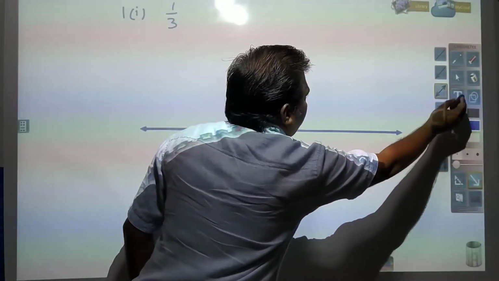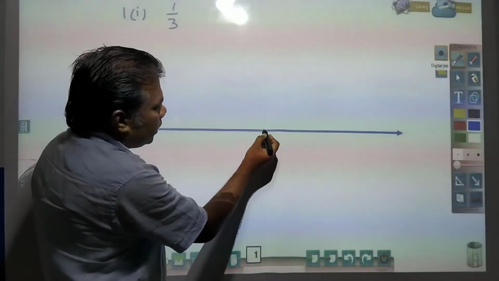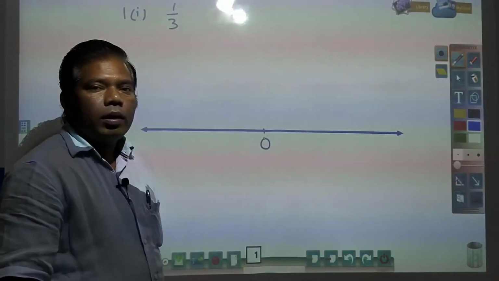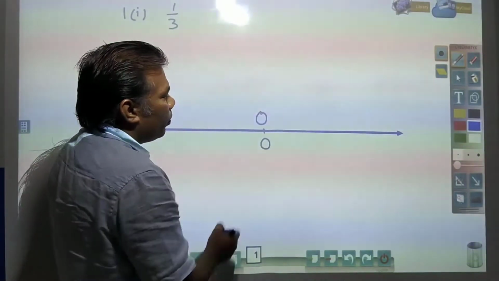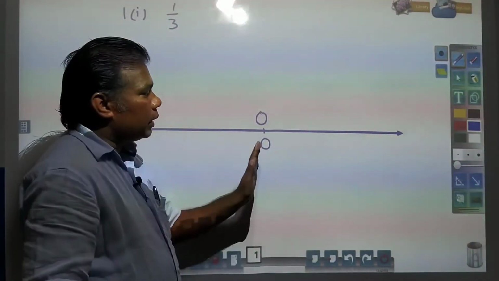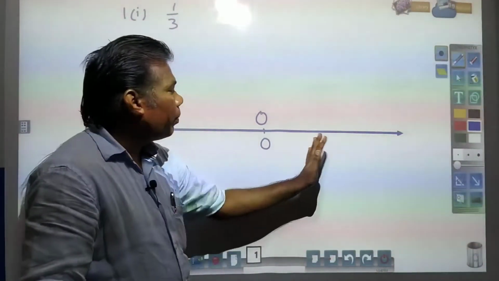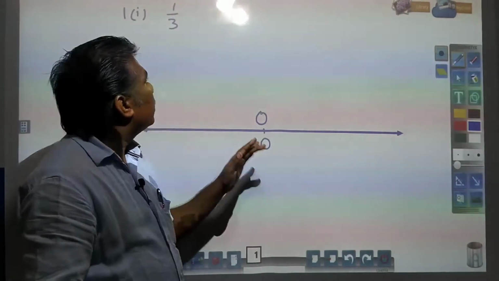A point is required to be fixed. Suppose you have fixed a point, suppose 0, and name it O. From 0 it starts, and on the right side you have positive numbers, and if you move to the left side, these are negative numbers.